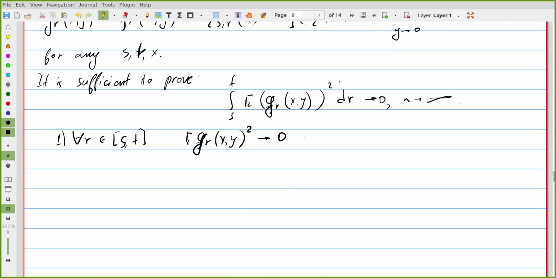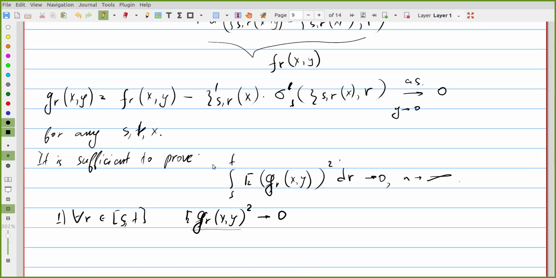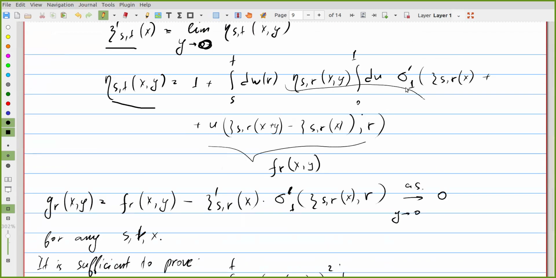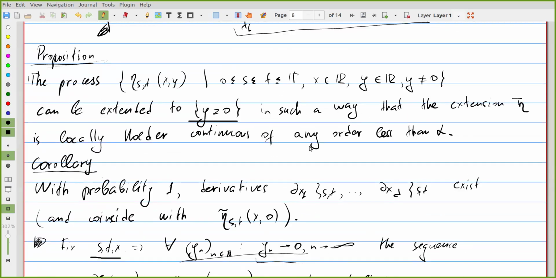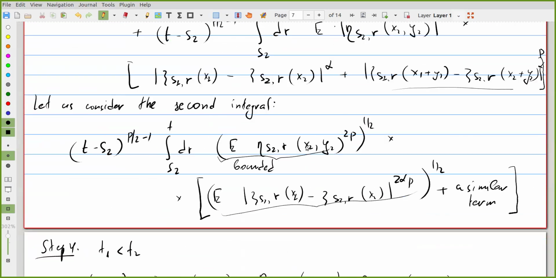Why? Because this goes to 0, as we just said, almost surely, and this expression has higher moments, because it is the sum of something well bounded. This is bounded, this is bounded, and this is locally at least bounded by what we proved in step 1 of the previous proof.